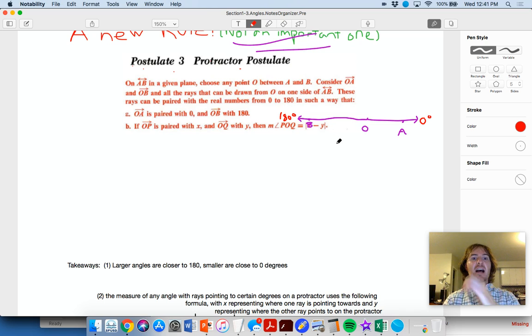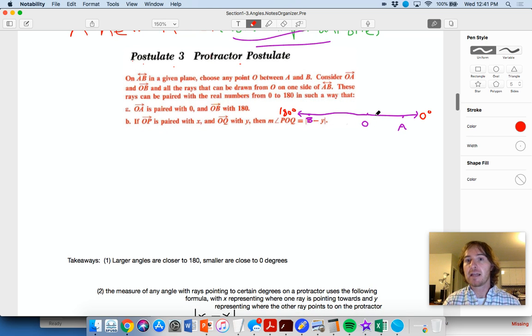If we have this special type of angle right here, it's going to be equal to 180 degrees. That tells us in this first statement that an angle like this that I've drawn has 180 degrees of measurement.